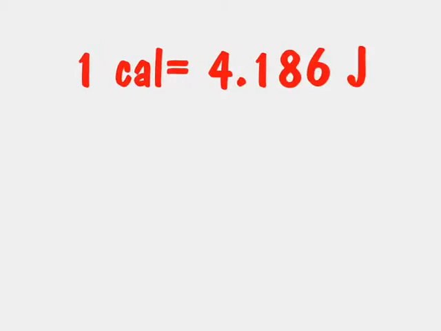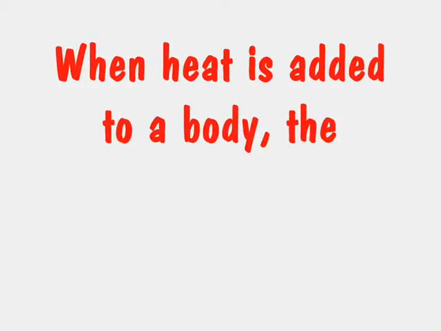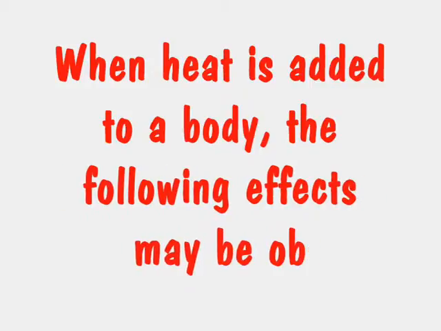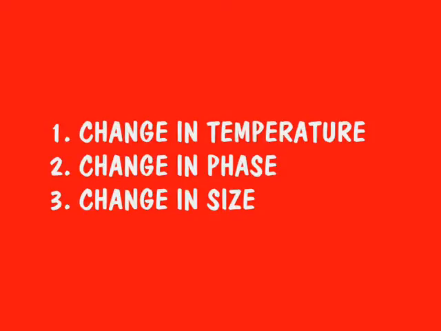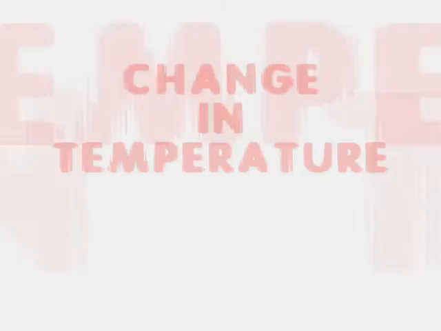Remember that 1 calorie is equal to 4.186 joules. When heat is added to a body, the following effects may be observed: rise in temperature, change in phase, change in size.